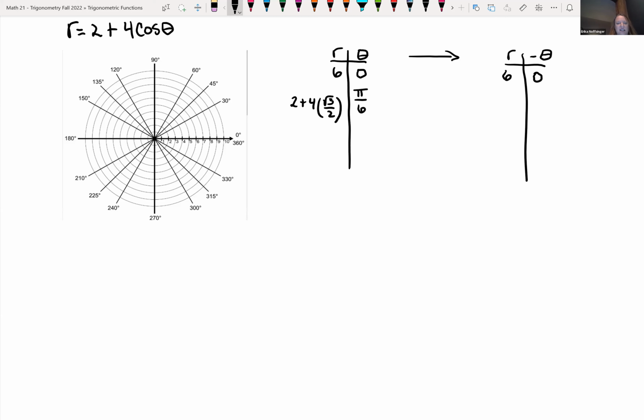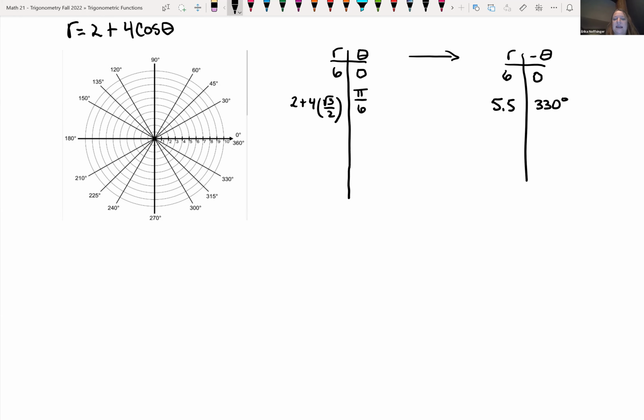So plugging that into the calculator to get an approximate value for r, the 2 in the denominator goes into 4 twice, so 2 plus 2 root 3, which gives me approximately 5.5. So let's just write it over here. So 5.5, and then it's negative pi/6, or negative 30 degrees, or another way to say that is 330 degrees.